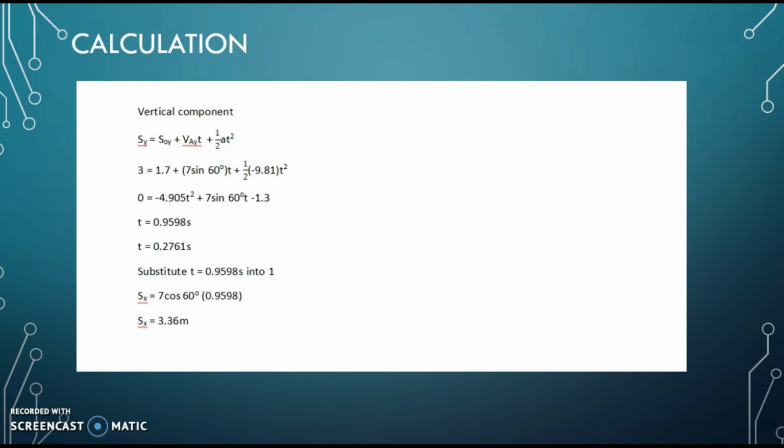So by making all these variables constant, Nash can shoot at 3.36 meter and can confirm that the ball will always land inside the hoop.